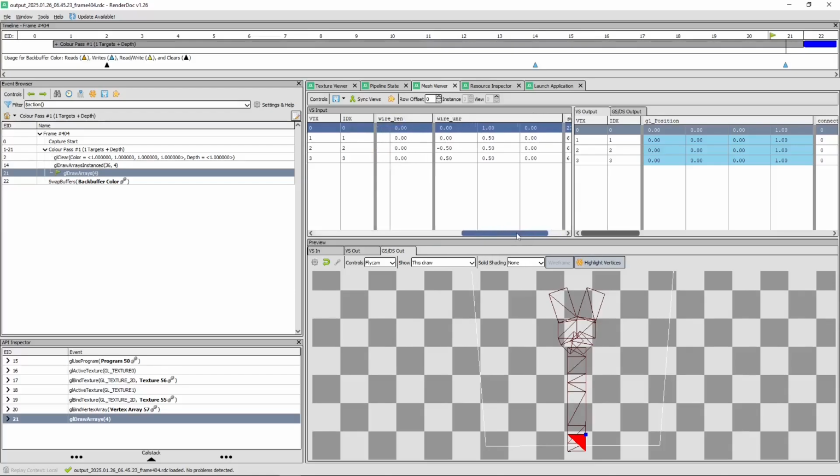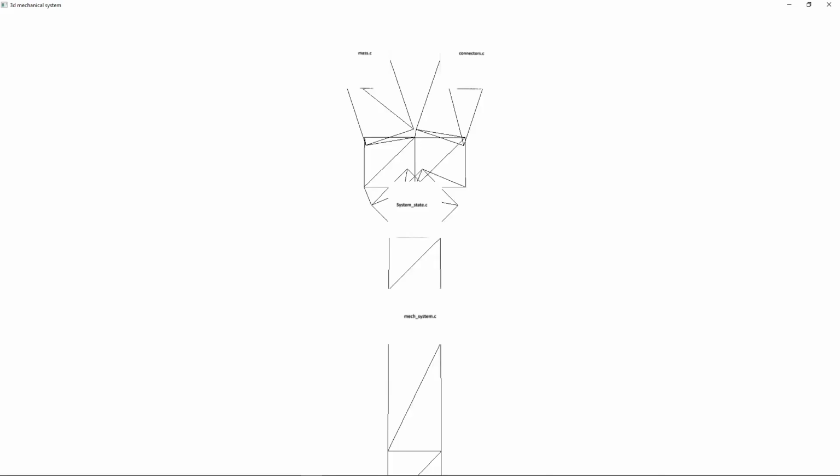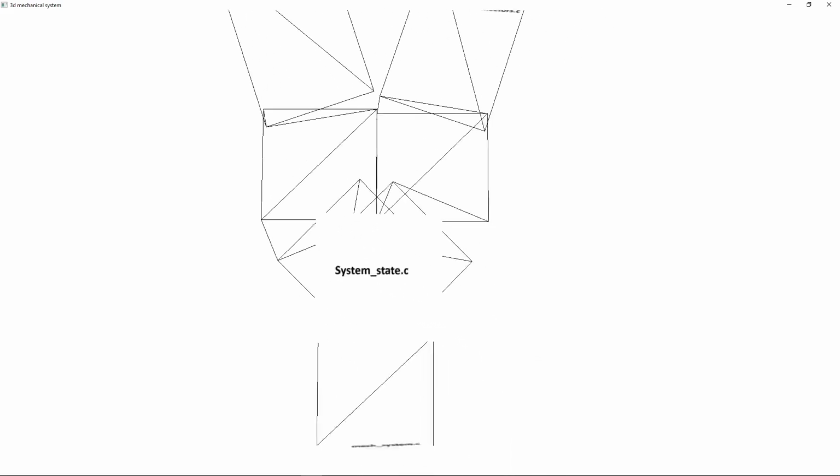The other is for static data, which represents the wire component of each connector. These wires don't change because only the spring or damper has to stretch. So the GPU receives 4 points for every connector.